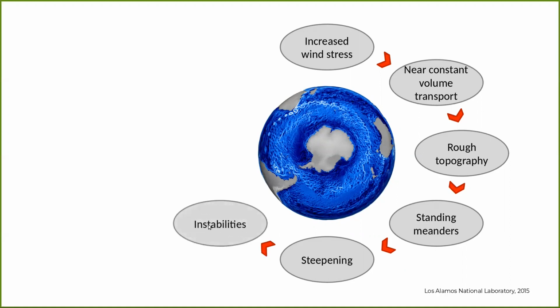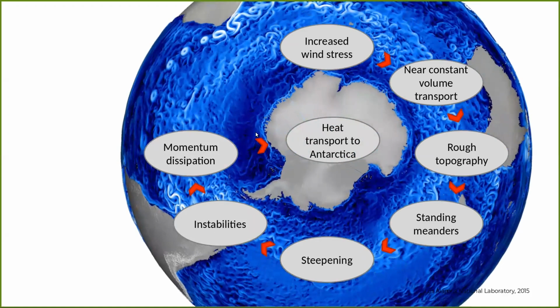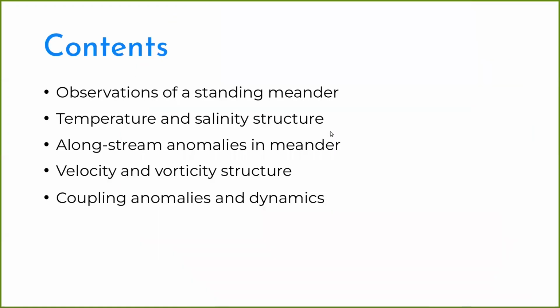When the currents get stronger, you get instabilities, barotropic and baroclinic instability, and they lead to momentum dissipation. This momentum dissipation can also lead to heat transport to Antarctica. So this is in short why we do this research.